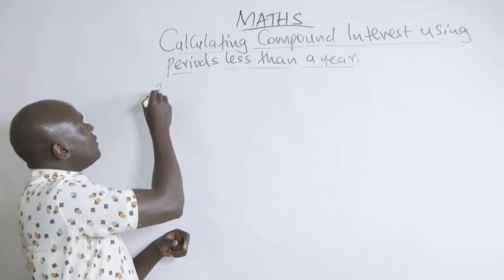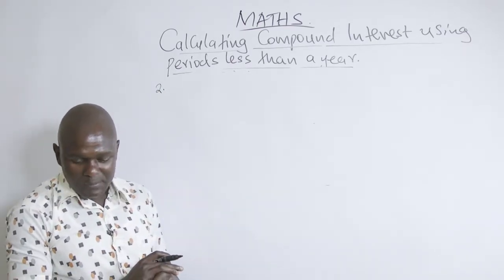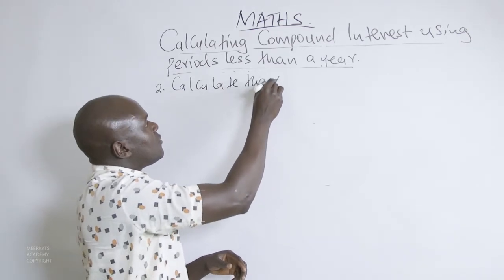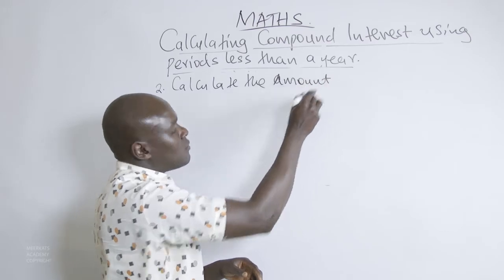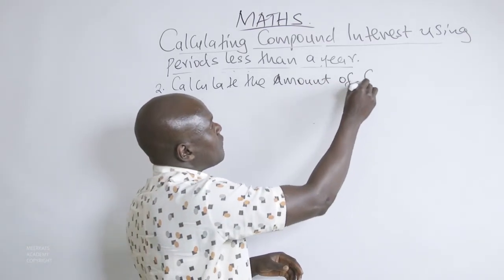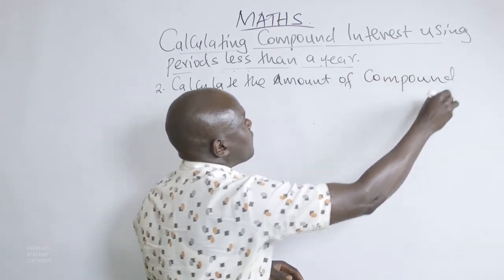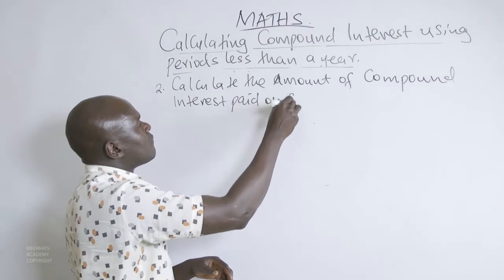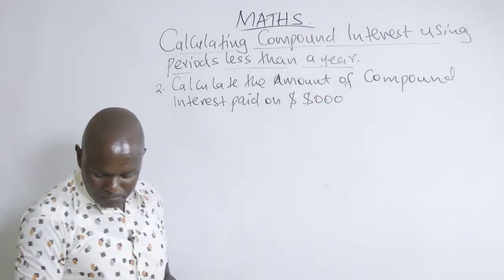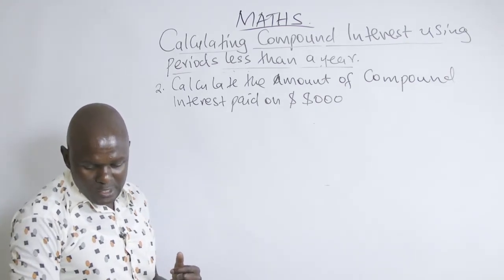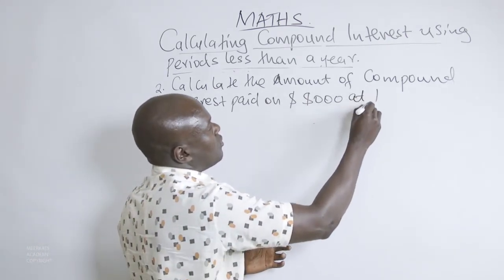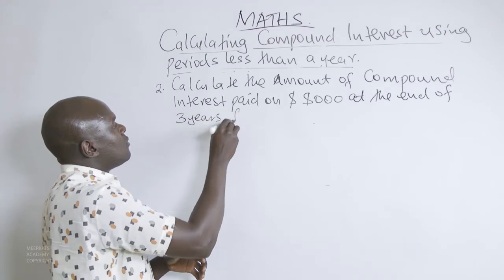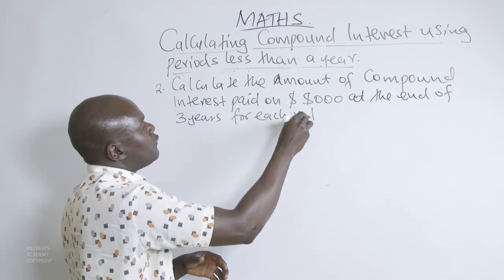The second example is: calculate the amount of compound interest paid on $8,000 at the end of 3 years for each rate below.